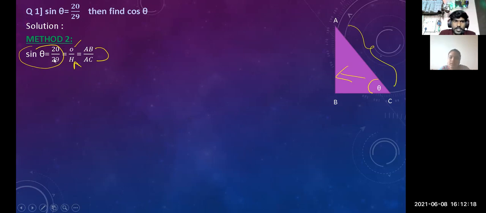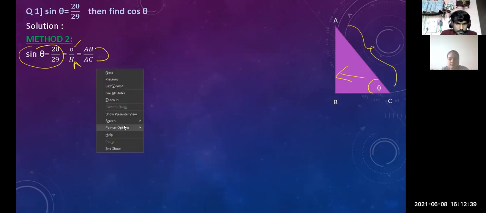So this sine theta 20 upon 29 is given in the question, and we know that the sine theta ratio is opposite upon hypotenuse. And in the diagram, theta is here. So for this theta, opposite is AB, hypotenuse is AC. So O upon H is equal to AB upon AC. Clear?